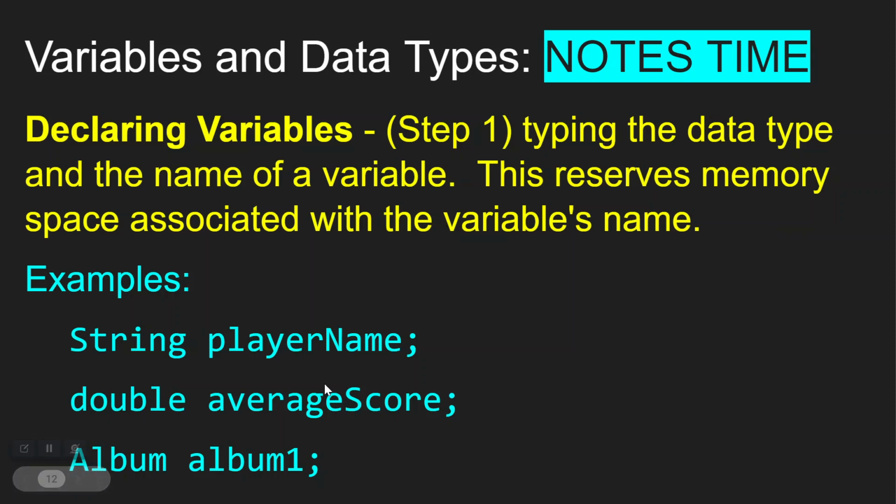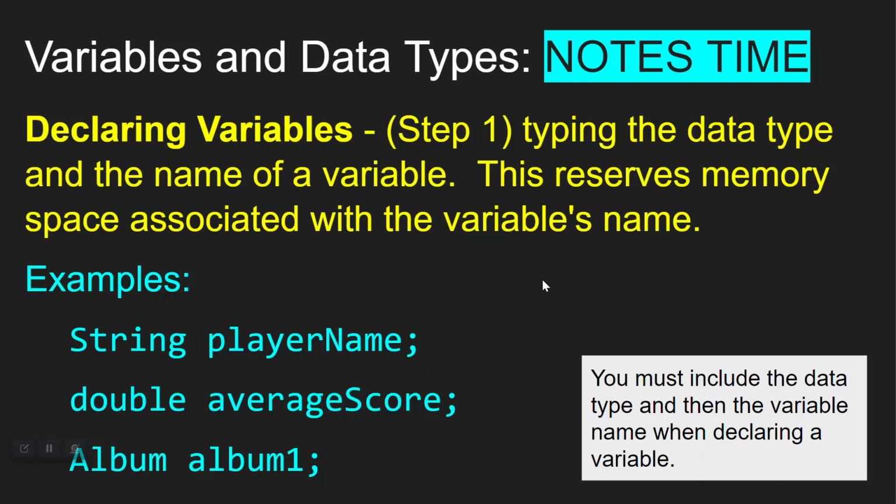And when you say double averageScore, again, a certain amount of bits are dedicated in the computer's memory to store whatever double this is going to end up being, and the name averageScore is a pointer. It is associated with that area in memory. So step 1 is to declare the variable. Step 2, you must include the data type and then the variable name when declaring a variable. That's one thing that's always going to be true. Those two things need to happen.